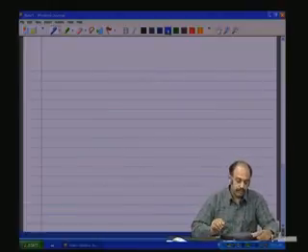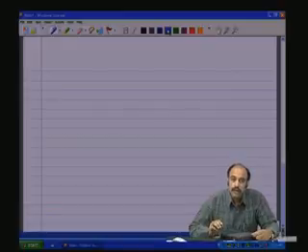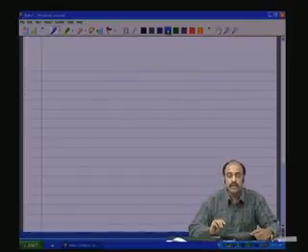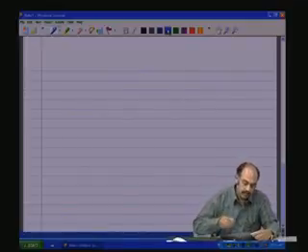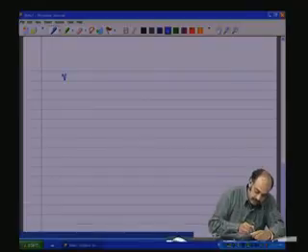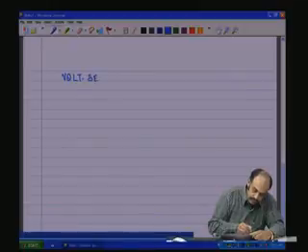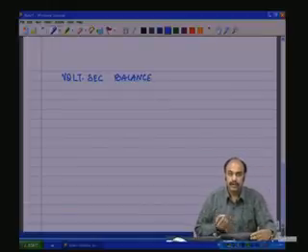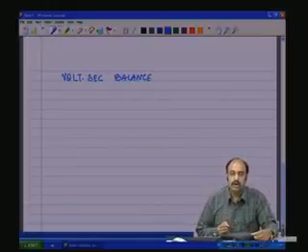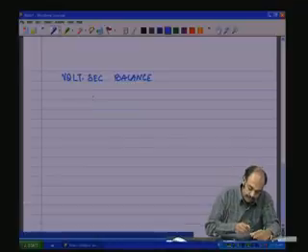Now, there is one more important feature in the case of the transformer that we need to be careful about while designing, which is the volt second balance. The volt second balance actually comes from Faraday's law of electromagnetism.